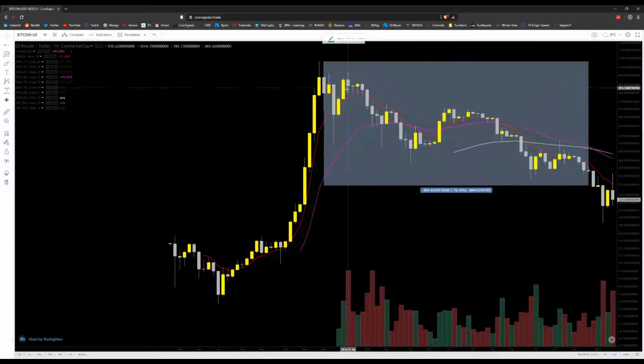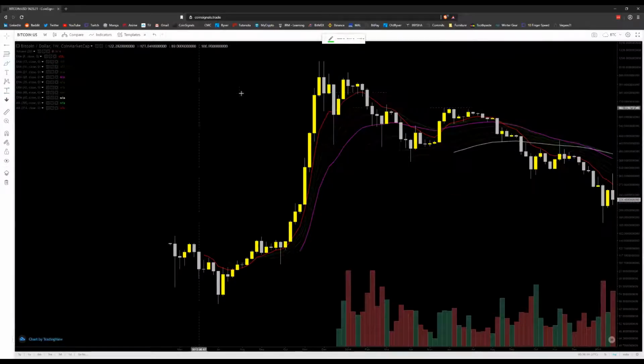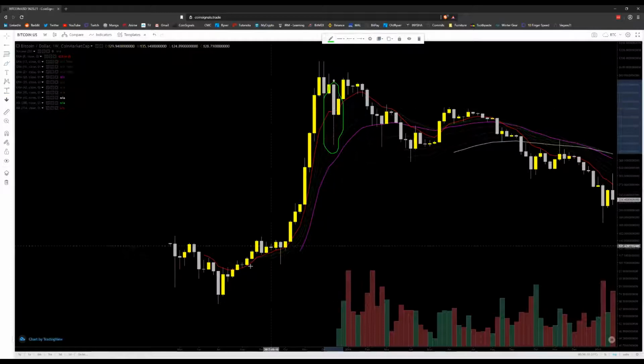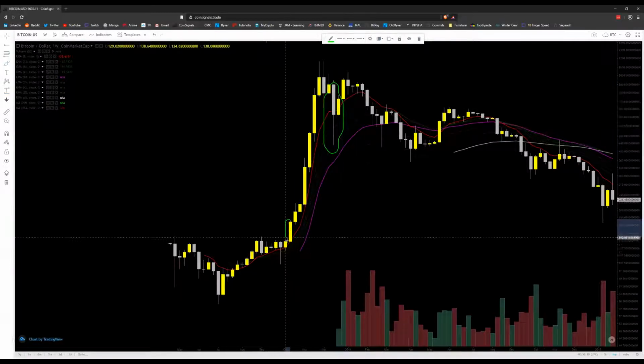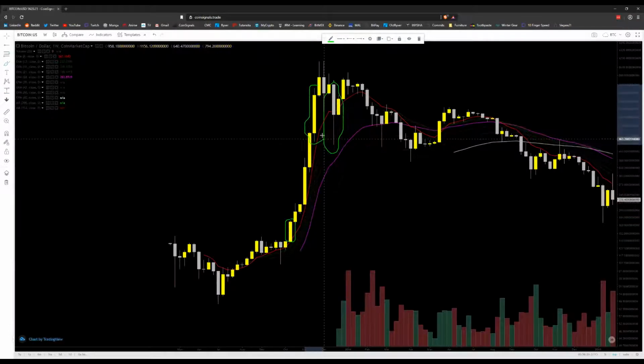So guys, when you get a big candle like this at the start of a move, the start of a down move, that's usually a sign of strength. Just like you get a big candle like this at the start of the move, that's a sign of strength. But when you get a big candle at the end of a move, later in the move, that can often be a sign of exhaustion, because you've come up so far, and then after all that, it goes even further.